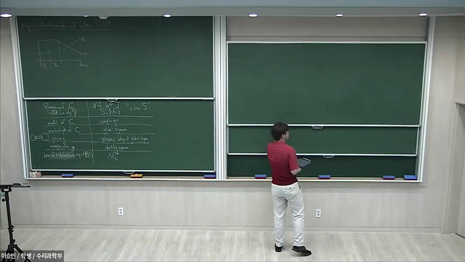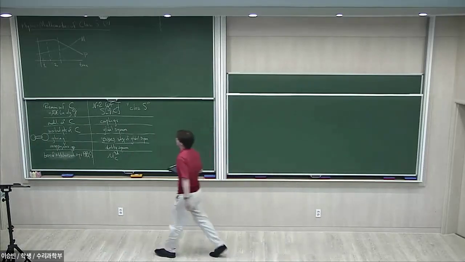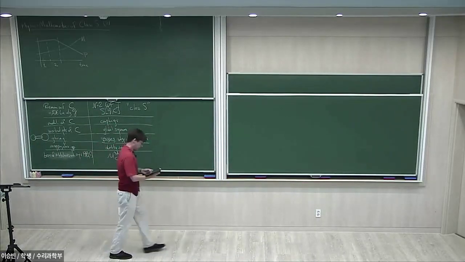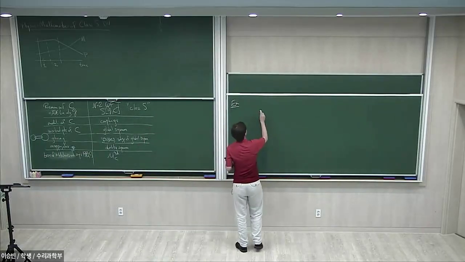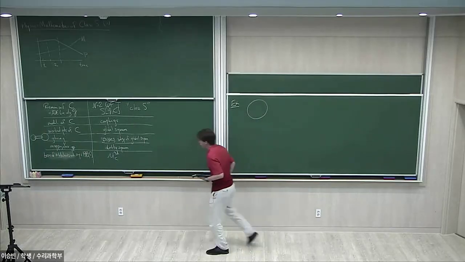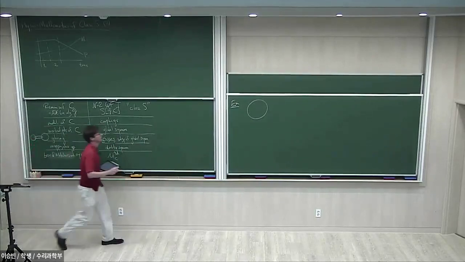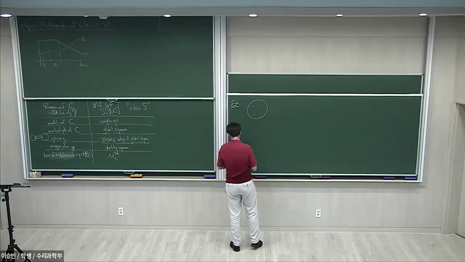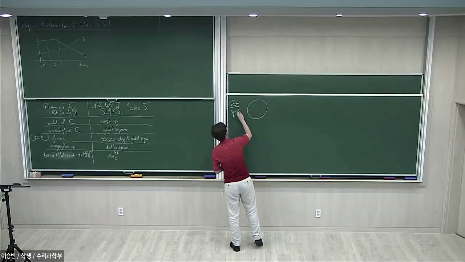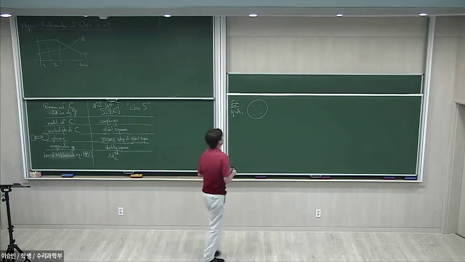Okay, and so let me just say a little bit more about the dictionary here. Our basic example was a sphere with 4 punctures, and we're taking this Lie algebra to be always A1.